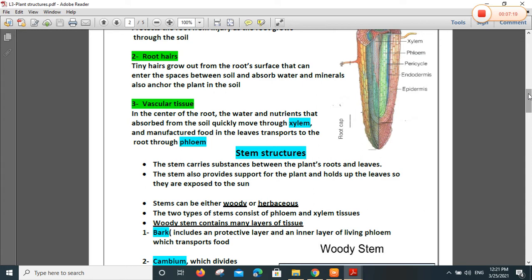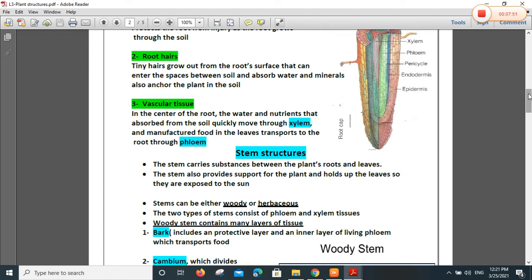The stem also provides support for the plant. The stem may be woody, forming the log of the plant, like the log of a tree, or herbaceous, like grass, almost no stem. The stem also holds up the leaves so they are exposed to the sun.